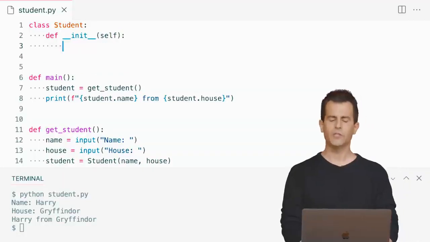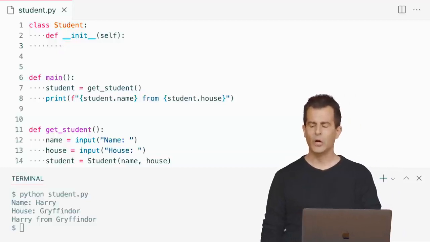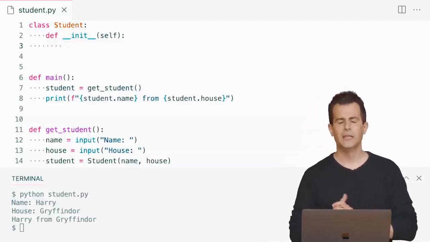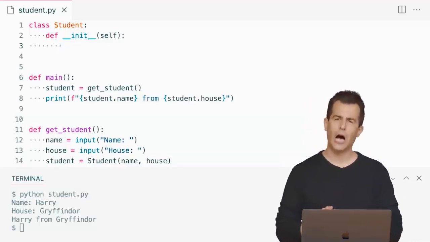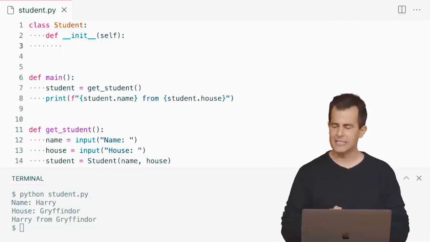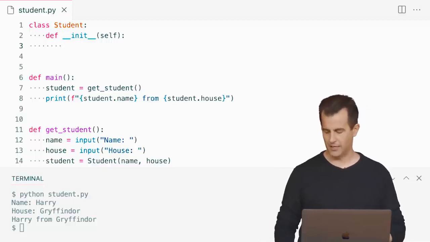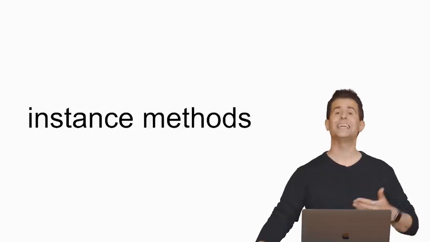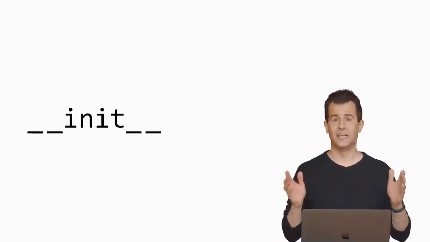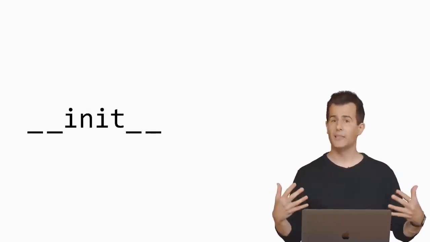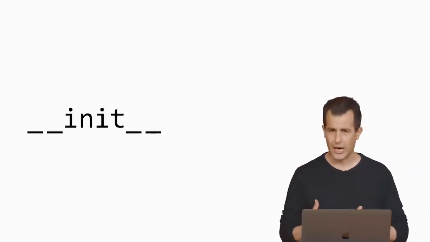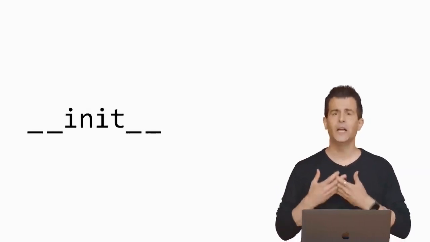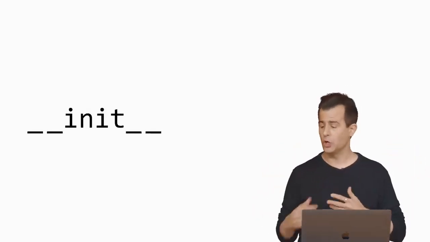But now inside of this function, I'm going to have an opportunity to customize this class's objects. That is to say, this underscore underscore init method, or dunder init method, is specifically known as an instance method, and it's called exactly this. This is designed by the authors of Python, and if you want to initialize the contents of an object from a class, you define this method. And we'll see what it's about to do here.